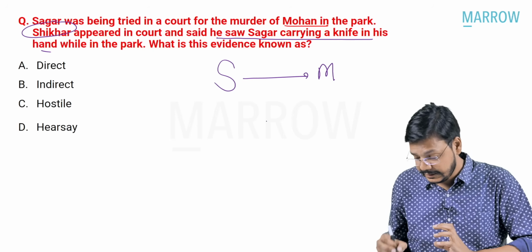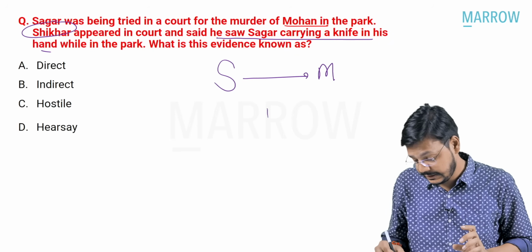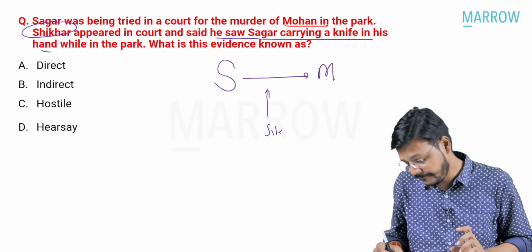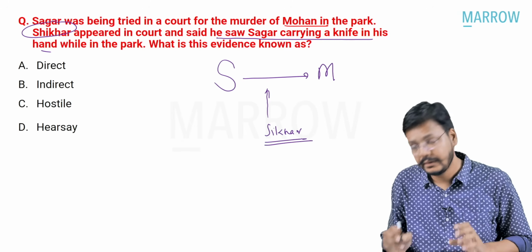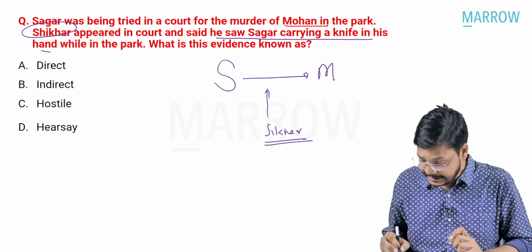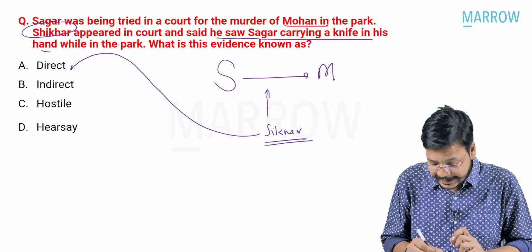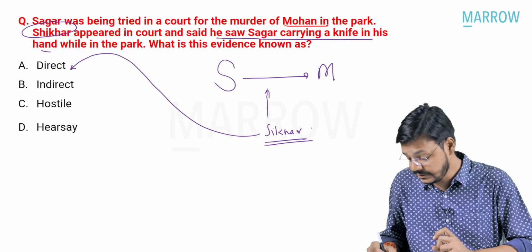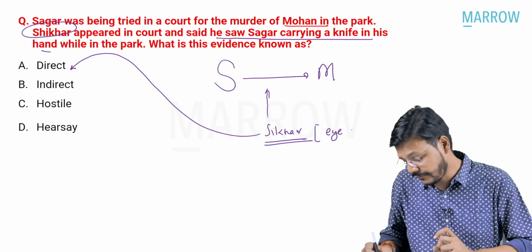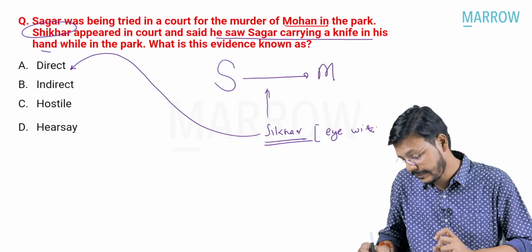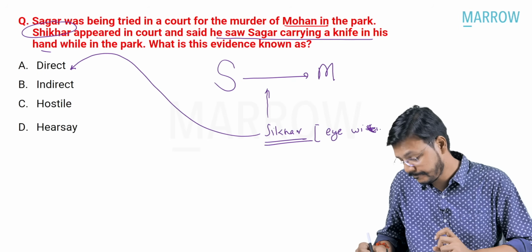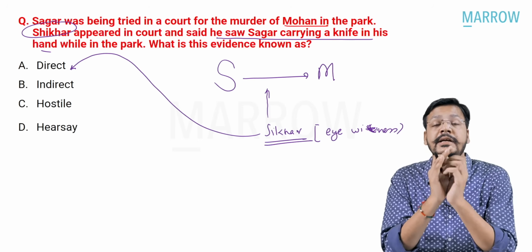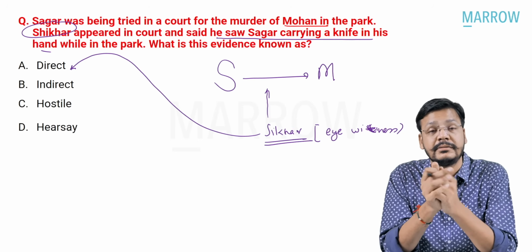If Seeker had seen this murder, Seeker would be an example of direct evidence, or I would say in a very simple word, an eyewitness.